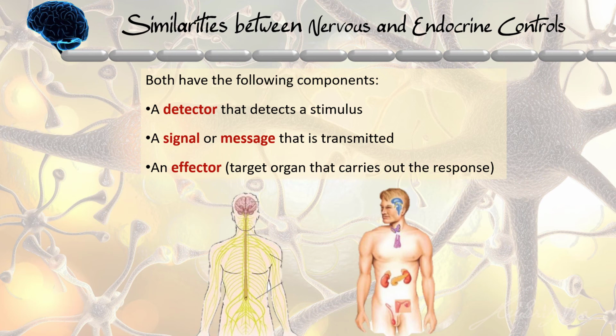For an endocrine response, a change in blood glucose level. Both require a signal to be transmitted. In the nervous system, it is through action potential or nerve impulse. For endocrine control, it is through hormone or chemical. And lastly, for both, at the end of each response is an effector or target organ, such as our muscle or our liver.